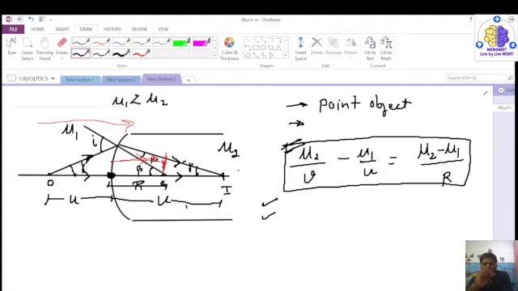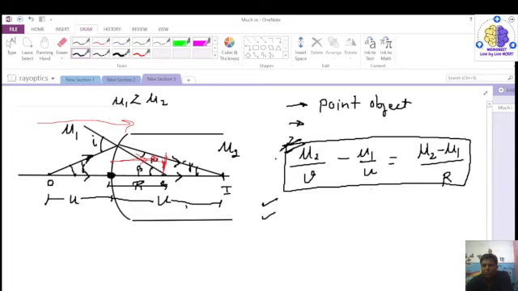See, in this diagram the light ray is traveling from a rarer medium to a denser medium. If the light ray is traveling from a denser medium to a rarer medium, then too the denser medium is containing the angle of incidence. So if the denser medium is containing the angle of incidence, we will put the refractive index of the denser medium in mu1 only, right? So this formula is important.